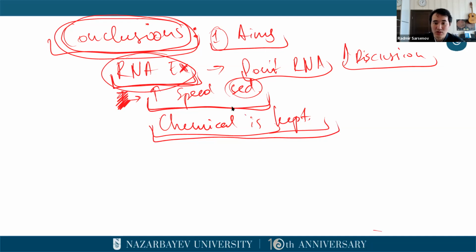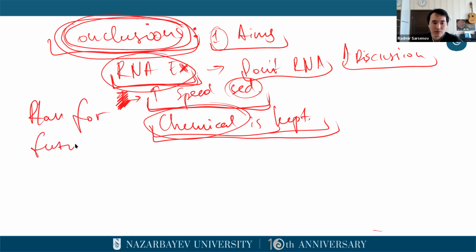That's why I don't need to troubleshoot it again and read through discussion to actually define weak point. Okay. So your conclusion is actually a kind of plan for your future experiment.